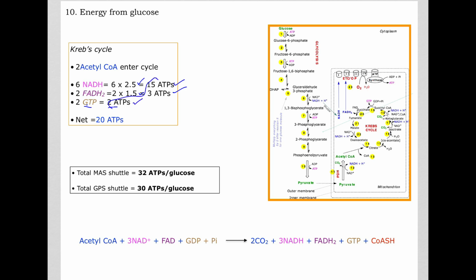Add all this up, and we get 20 ATPs in this phase of main street, 20 ATPs from the glucose, just from this Krebs cycle. Remember, each glucose gives you around 30 to 32, so the Krebs cycle gives you quite a lot, 20 out of the 30 to 32.